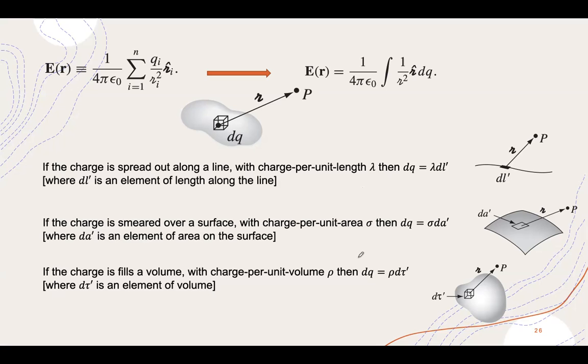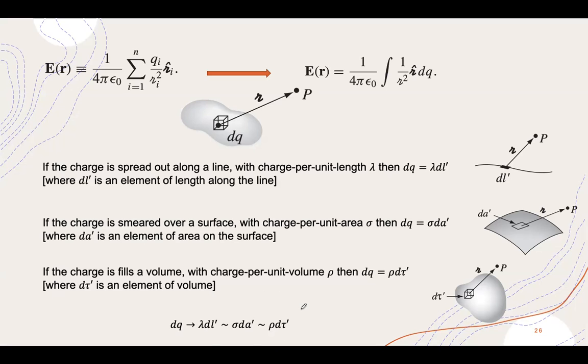So overall, dq should be lambda times dl for line charge, sigma times dA for surface charge, and rho times d tau if we talk about the volume. So overall this dq is defined in these three kinds of dimensions.